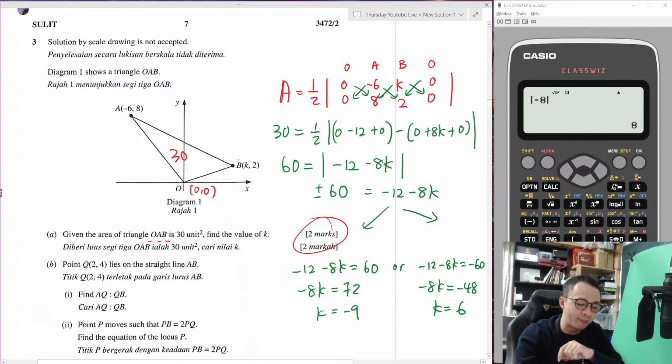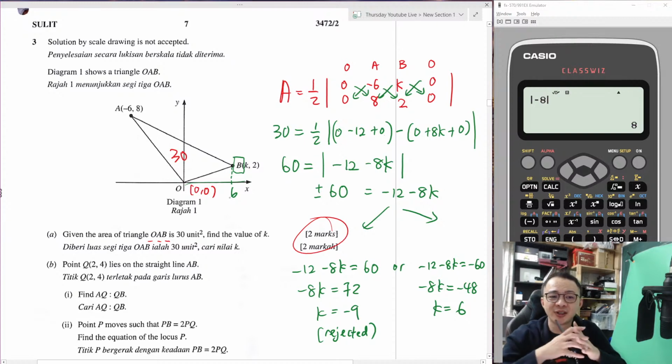You look at the B here. If I convince you this X coordinate is -9, will you believe me or not? Definitely not, right? Because you know here X must be positive. So therefore, -9 will be rejected. So our K will be 6 here.